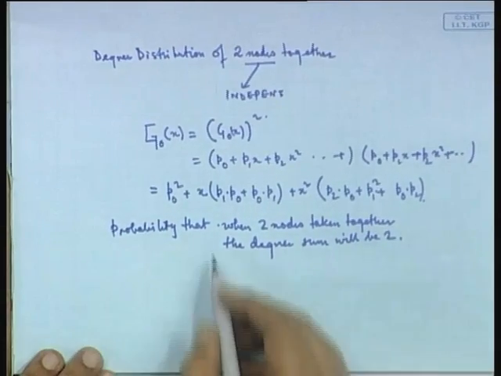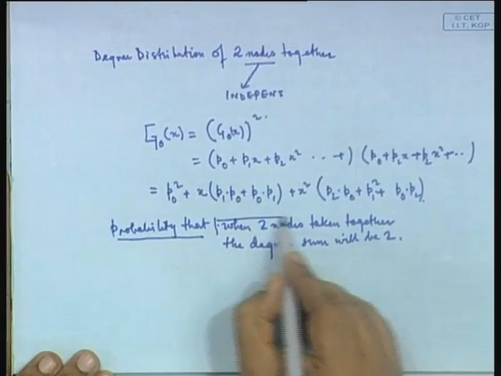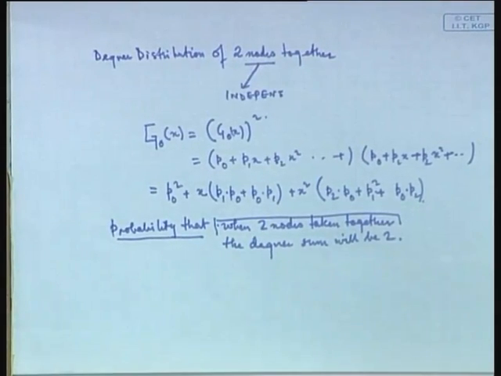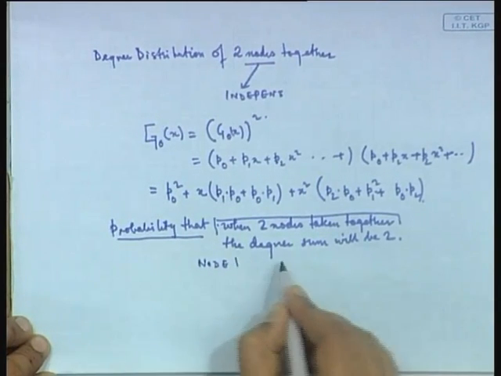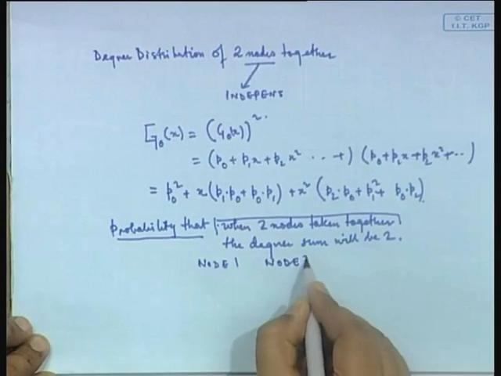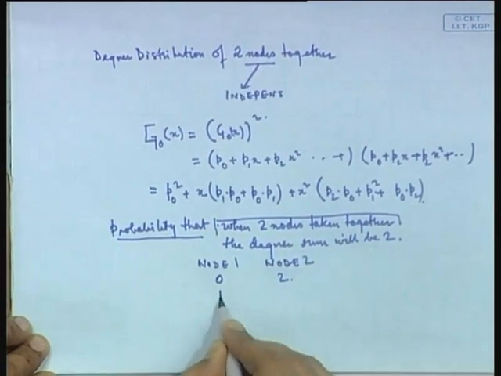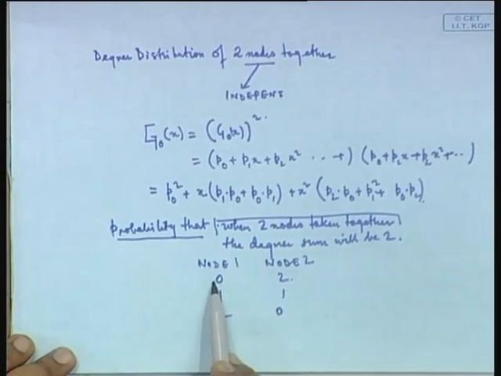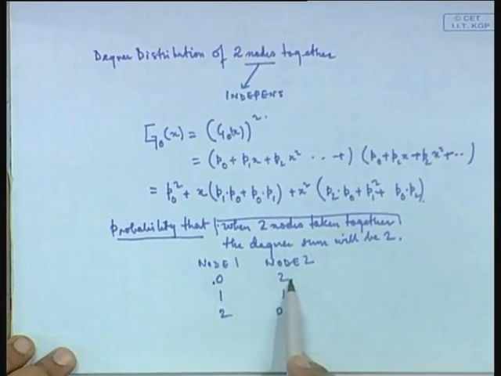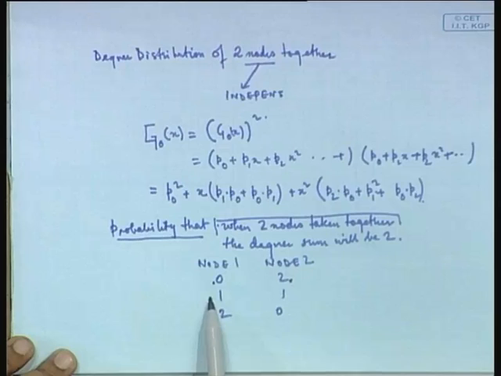How can that happen? If I have node 1 and node 2, the possibilities are node 1 has 0 and node 2 has 2, both have 1, or node 1 has 2 and node 2 has 0. What is the probability of each of these?